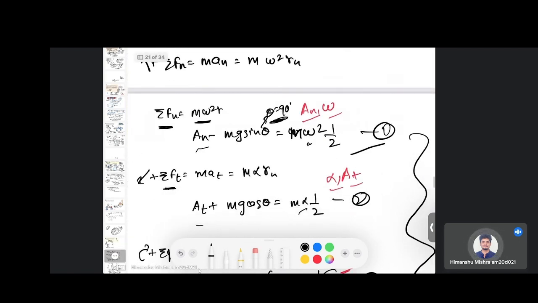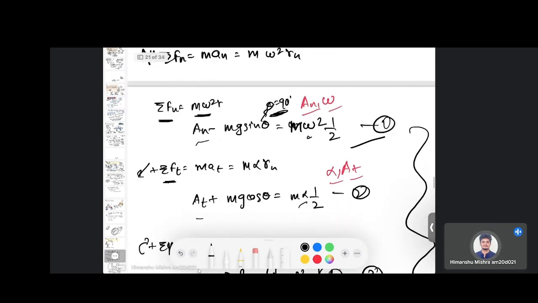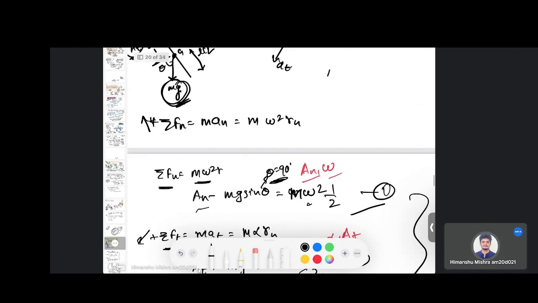So the sine 90 is 1 and omega square is 3g by L. So equation 1 will become En minus mg equals m times omega square, which is 3g by L, times L by 2. So En minus mg equals 3 by 2 mg.